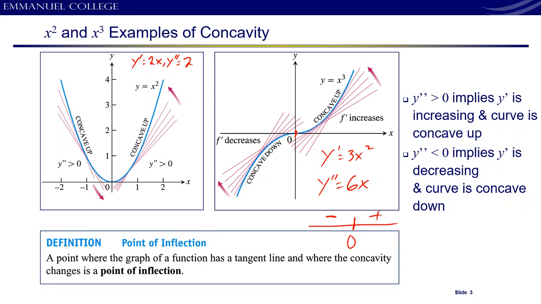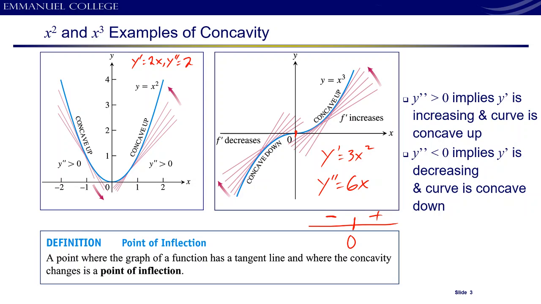And points of inflection are kind of like the critical points for the second derivative. Remember, a critical point was where the derivative was equal to 0 or undefined. A point of inflection is a point where the function has a tangent line and where the concavity changes.